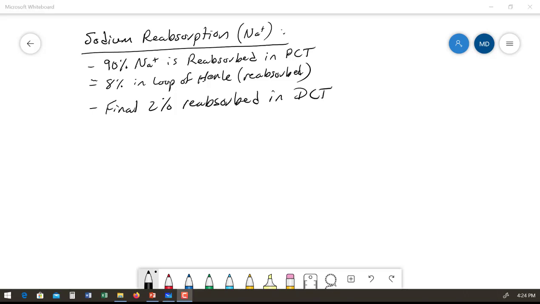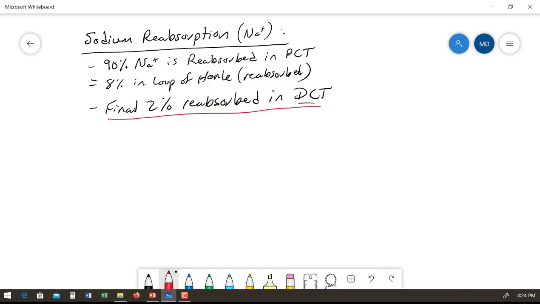Now, I call it the distal convoluted tubule. The truth is that some of this reabsorption, the last 2%, does take place in the collecting duct, but I'm just going to pretend like it's all in the distal convoluted tubule to make it a little bit easier here. Now, here's the thing about this final 2%. This is very important here.